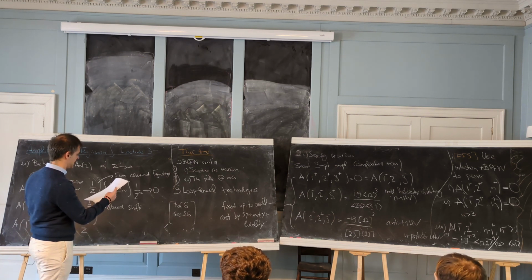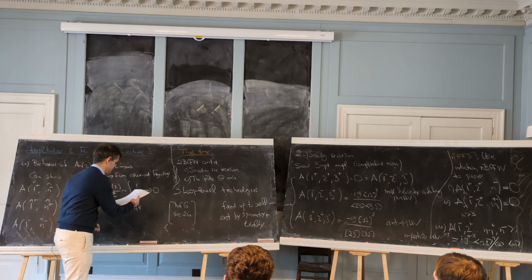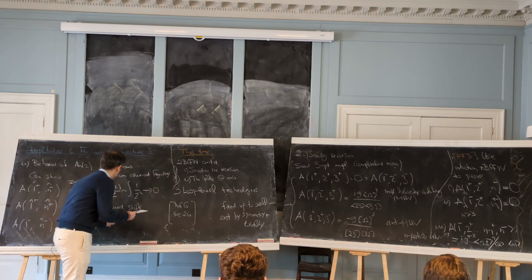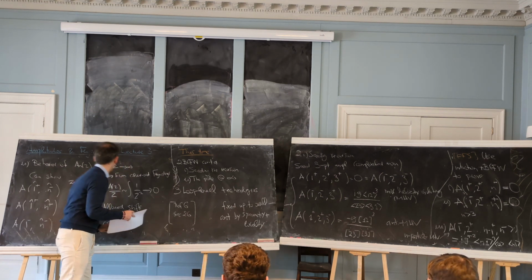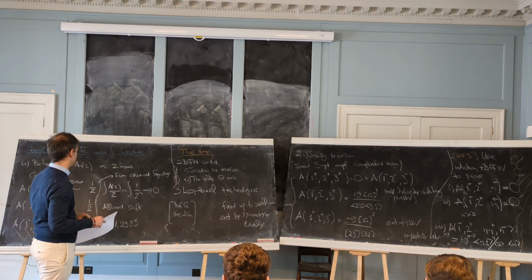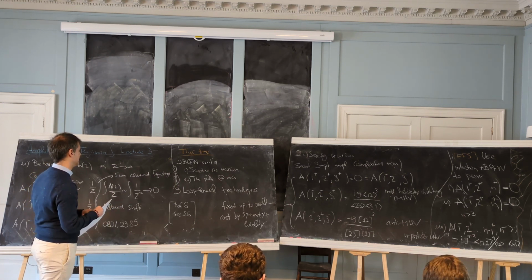The other two are harder to show; for those, see, for example, 0801.2385. And there is also an outcast.